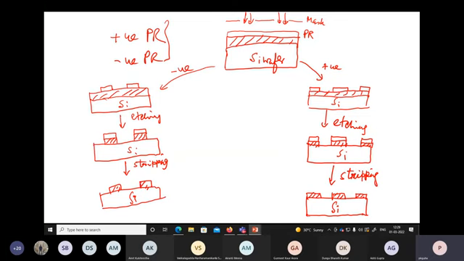Now this photolithography arrangement can be of various types. I mean, this optical exposure method can be of two types. One is shadow printing, and the other one is projection printing.